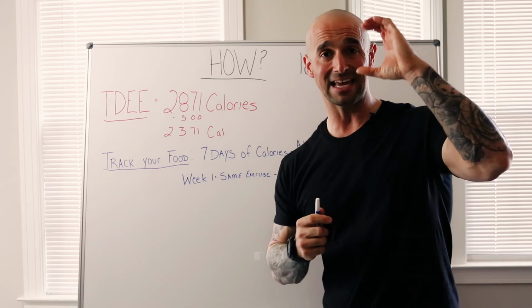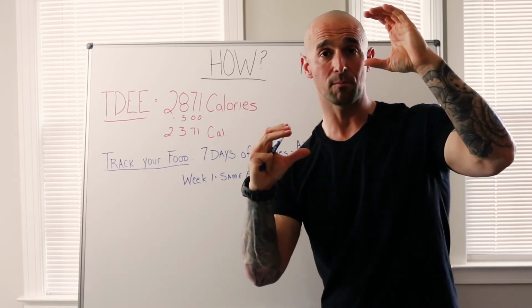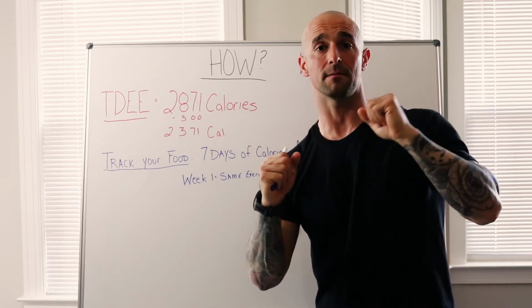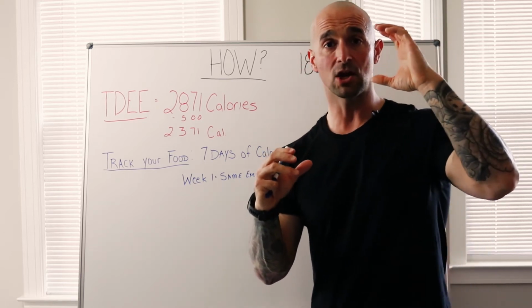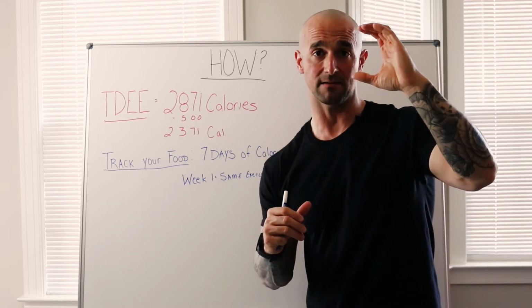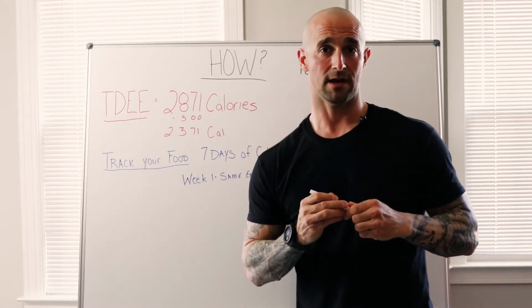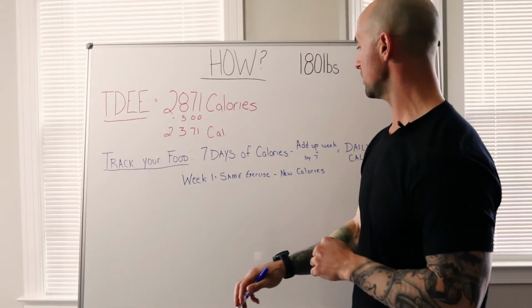So I want to eat as many calories as I can and do as little bit of work as I can to watch that number on the scale come down. When that number starts balancing out, then I know that I have to either decrease my food or increase my exercise. Right? So that is a good segue into week number 2.